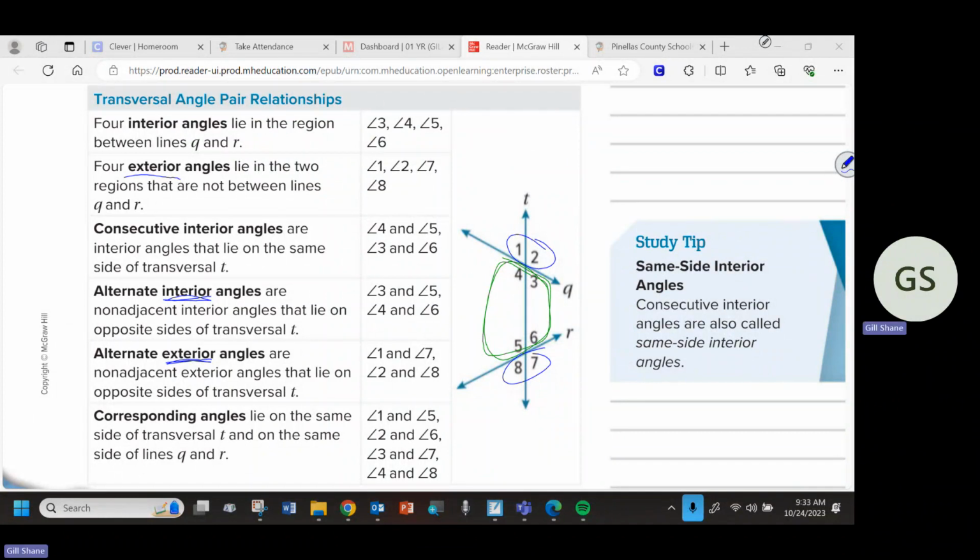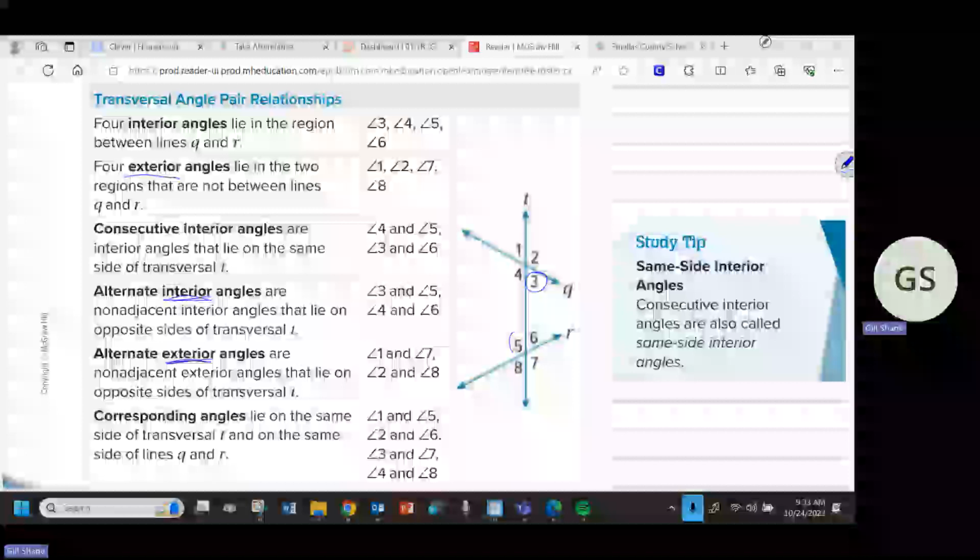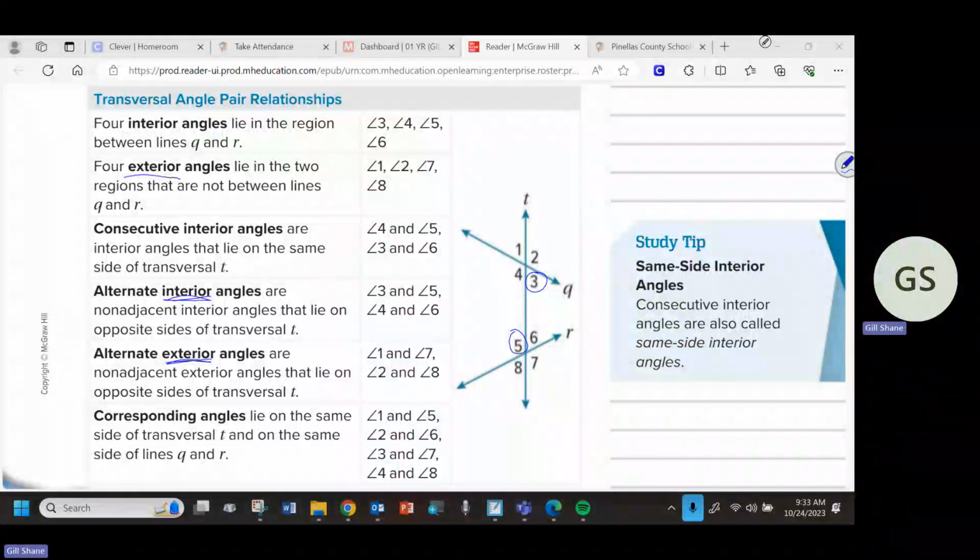So if that helps you, the English definition of it, in this particular concept, alternate means they're on the opposite sides of the transversal. It alternates sides. One angle is on one side, the other angle is on the other side of the transversal. So 3 and 5 would be alternate because they're on opposite sides of the transversal, but they're also on the interior, so they're interior. So alternate interior.